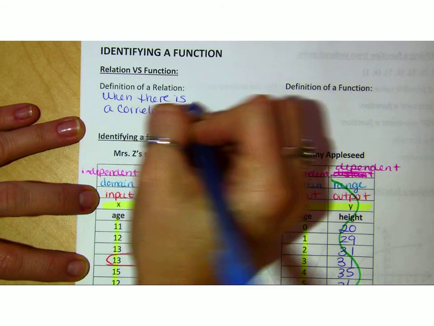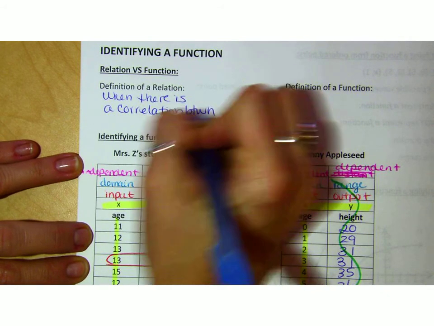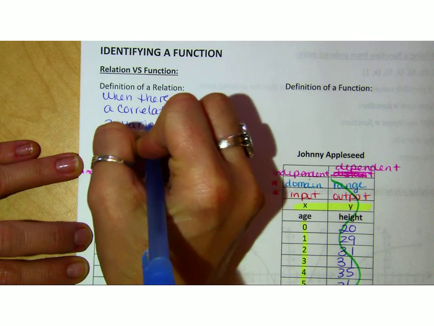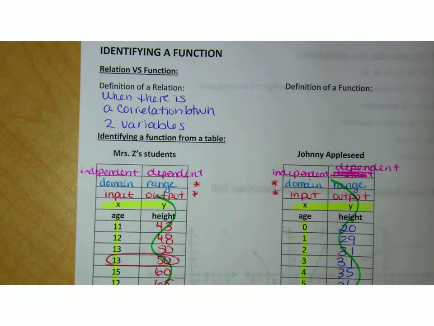Between two variables, meaning height and weight, height and age, hours of study, test grade. Do you think there's a correlation between your favorite food and eye color? Does anybody kind of feel like all blue-eyed people's favorite food is pizza, or all brown-eyed people? That's ridiculous. You're looking at me like that's so weird. Yeah, I know, because there's no correlation between those two, right?